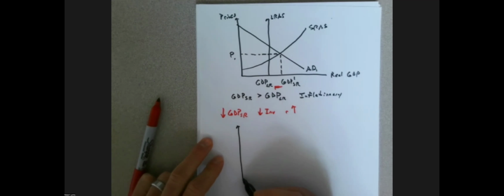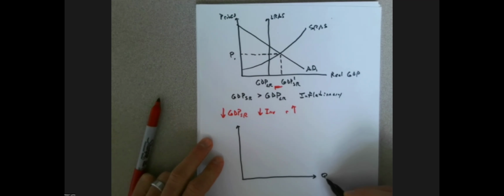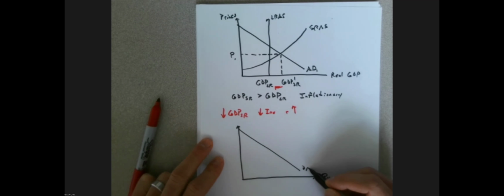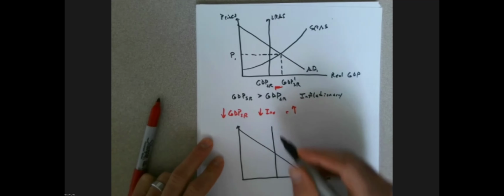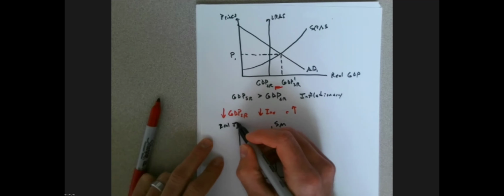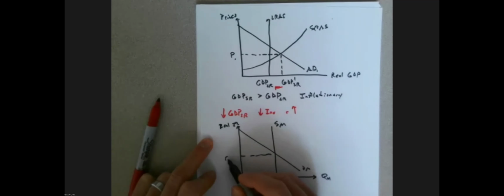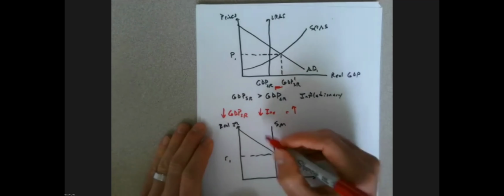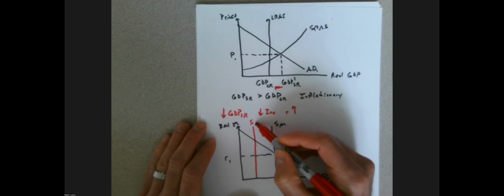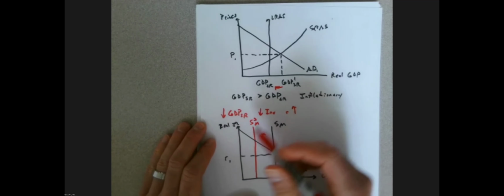So if I'm thinking about the money market, I've got my quantity of money, my demand for money, and my supply. Here we had real interest rates. So interest rates start out here. I want to increase them, right? So what I want to do as the Fed is decrease that supply of money.